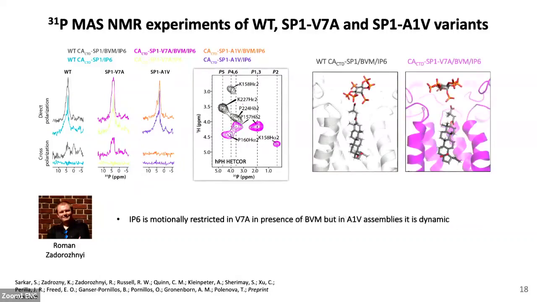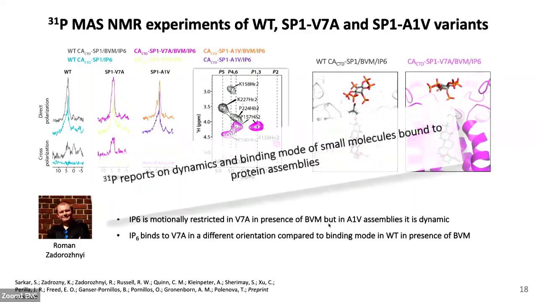And in fact, we see different IP6 to protein correlations, phosphorus from the IP6 and proton from the protein, which define different types of orientation and binding of IP6 in the wild type and in the V7A mutant. So IP6 can be probed to detect the dynamics and interaction of a small molecule inside the protein assemblies.